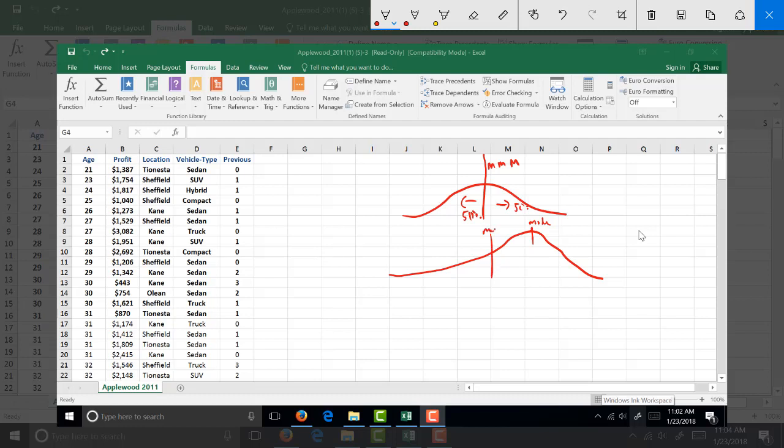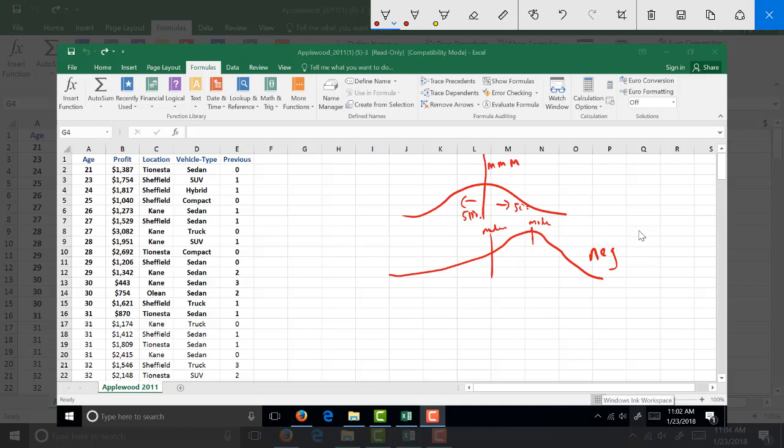But then we also have the mean, and the mean is the average. The location of our mean, median, and mode will tell us the skew. So this is what we call negatively skewed data.